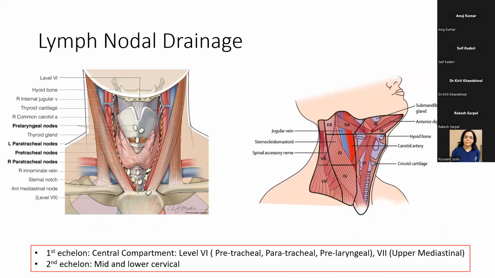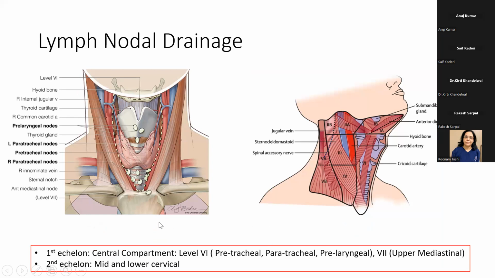Going to the lymph nodal drainage of thyroid cancers. We know that the first echelon lymph nodes of thyroid cancers are the central compartment. That is the level 6, which is the pre-tracheal, paratracheal, pre-laryngeal group of lymph nodes, and the level 7, which is the upper mediastinal group of lymph nodes.